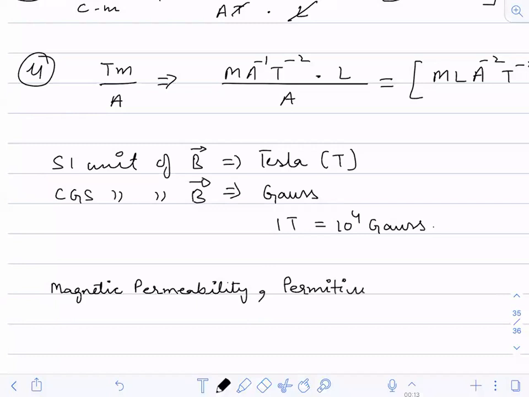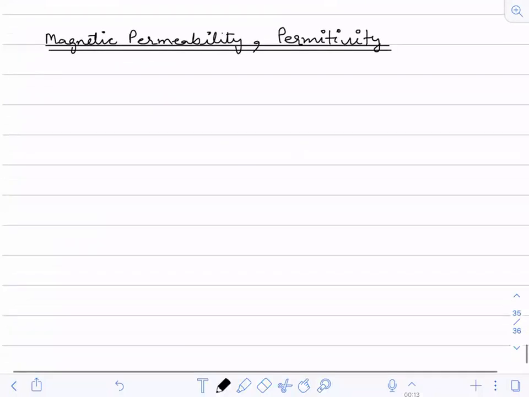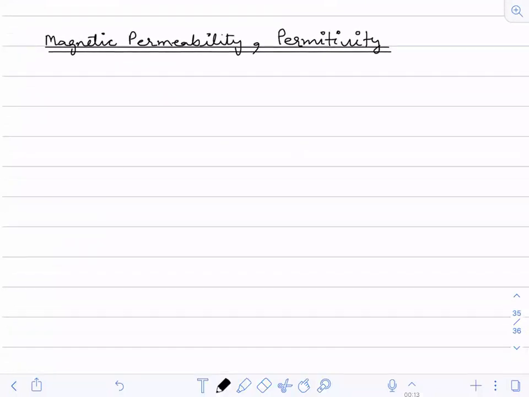Permittivity was there in electrostatics, and permeability is in magnetism. Both sound almost the same, but they have a lot of difference between them. How they affect their respective field depends a lot.